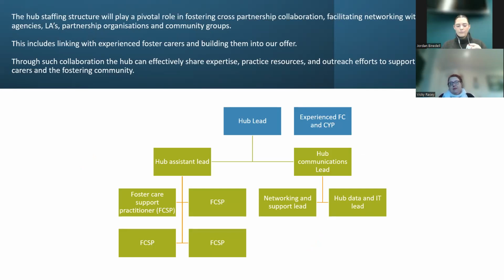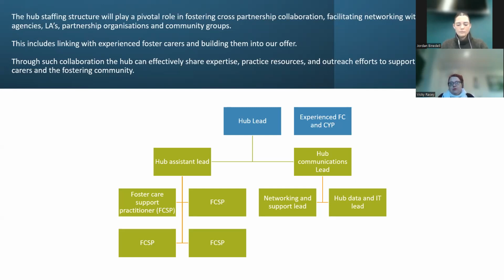This is the planned staffing structure for our hub. As you can see, we have a hub lead, and then we have a communications lead and an assistant manager lead. Going down through the assistant lead, we can see that there are foster carer support practitioners who review the initial contacts that come in and make that contact back.